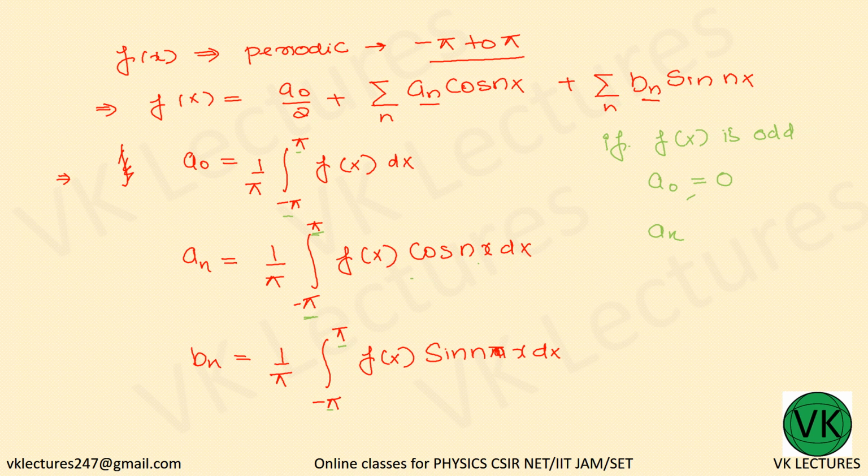F of x is an odd function and cos is an even function, then the product of odd and even function is again an odd function.